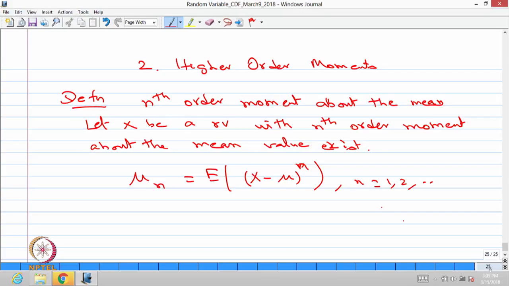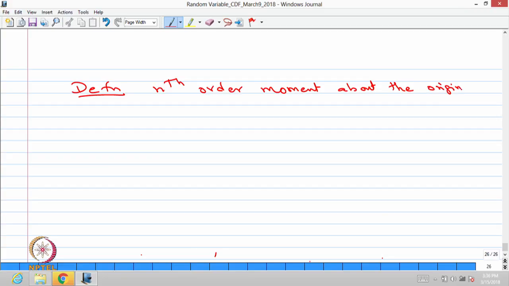The same way, I can define the nth order moment about the origin. Nth order moment about the origin, or some books they use the word 0, both are one and the same.